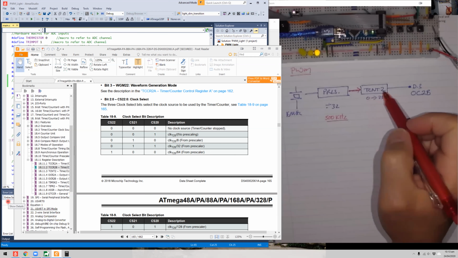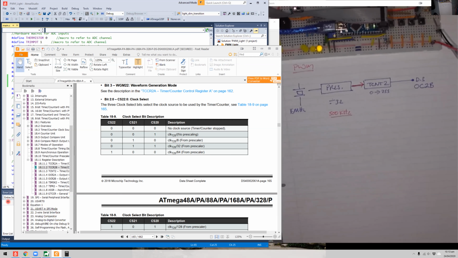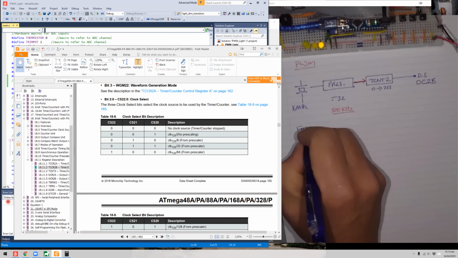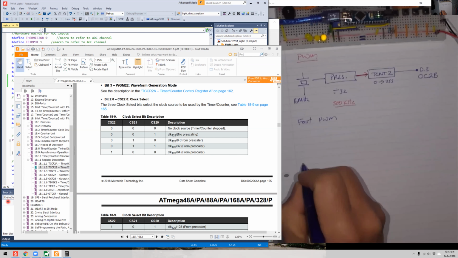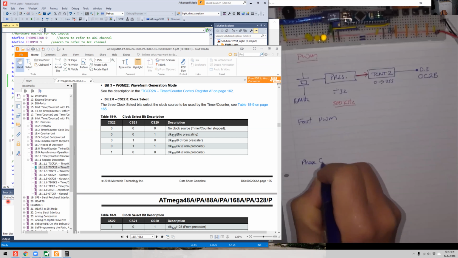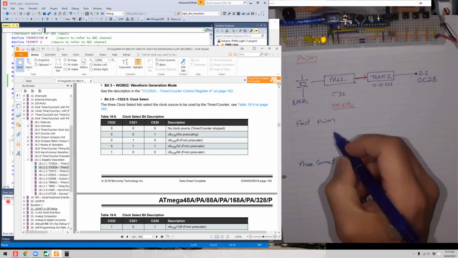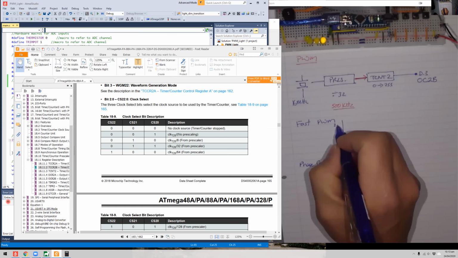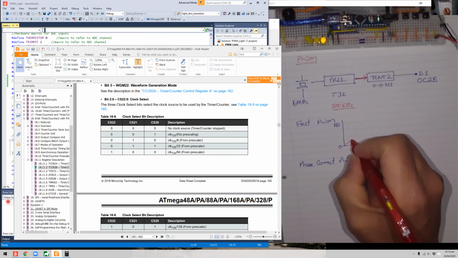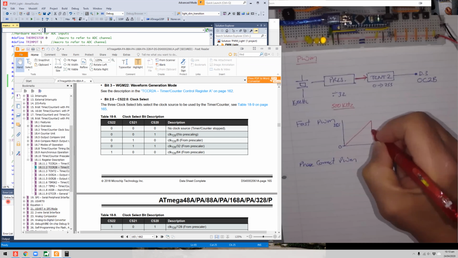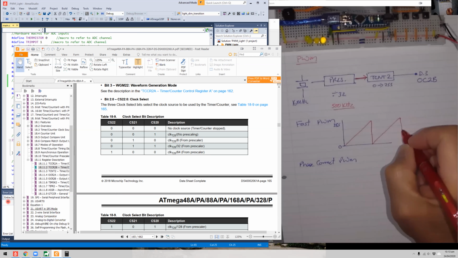Now the counter counts from 0 to 255. However, there are 2 PWM modes that I want to have a look at: fast PWM and phase correct PWM. In the fast PWM mode, the count goes up to 255 and then overflows back down to 0, up to 255 and then down to 0.